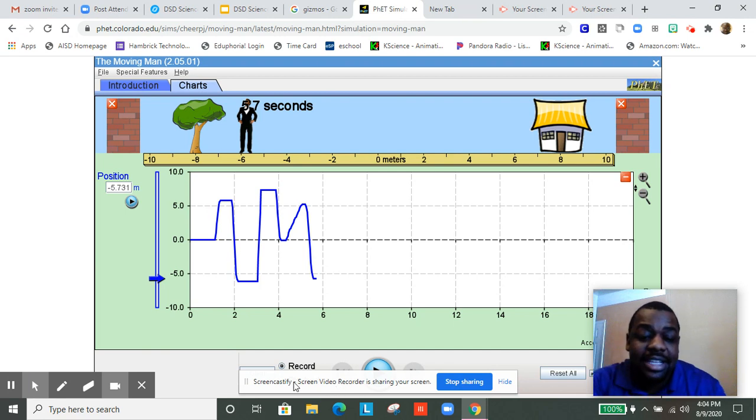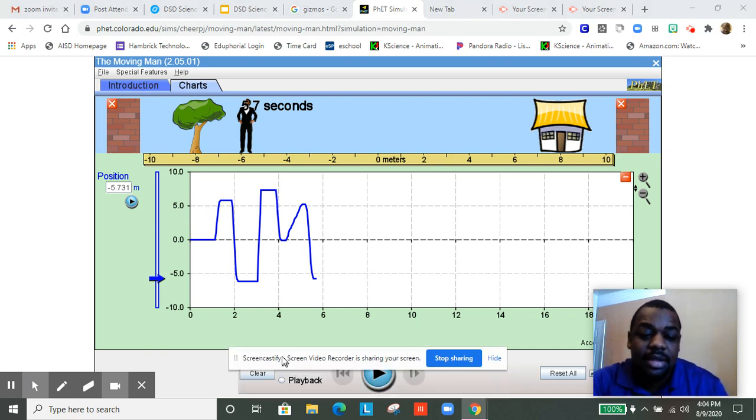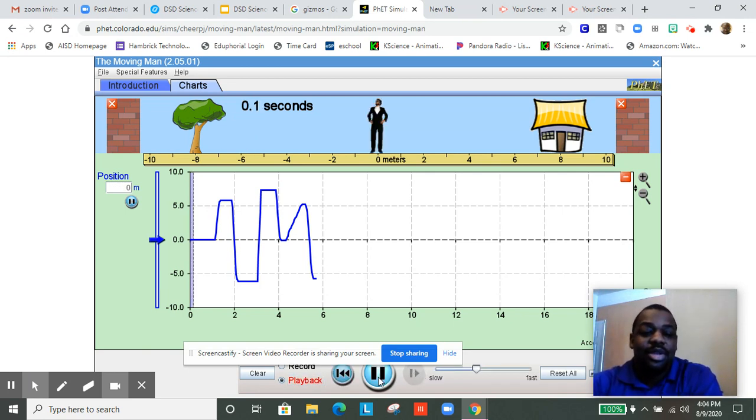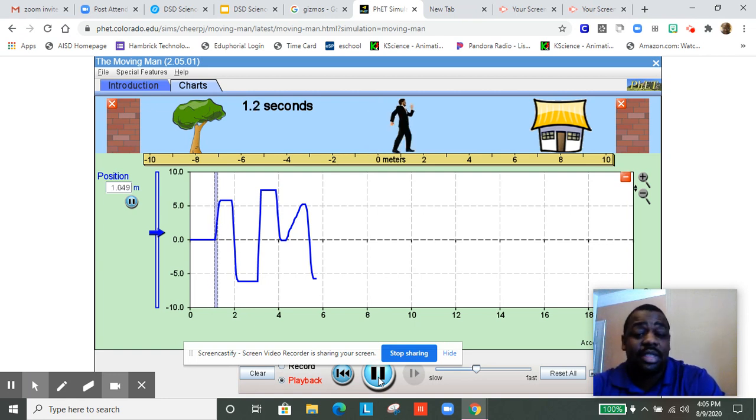And as it plays back, the graph will stay there, but they'll be able to see the movements that they made. And I would even have them take a picture of the graph simply so they can use them and compare them for different things.